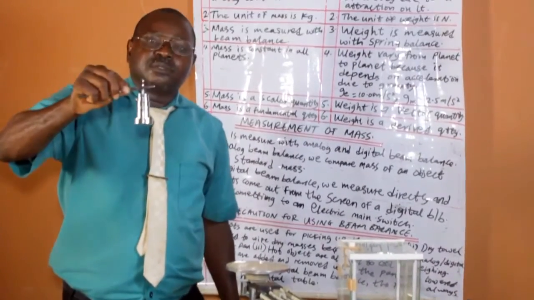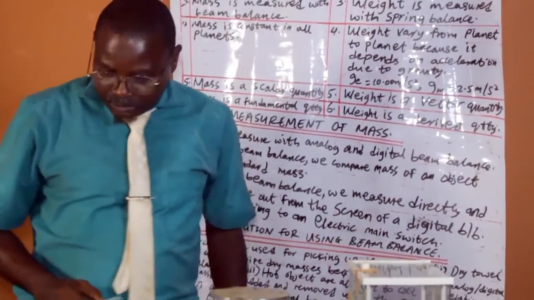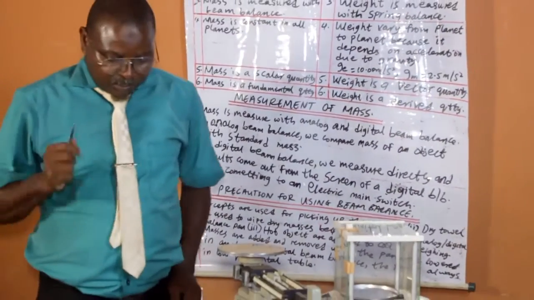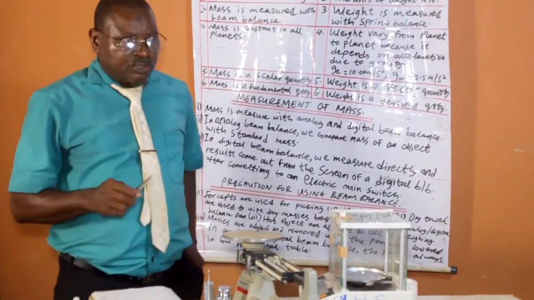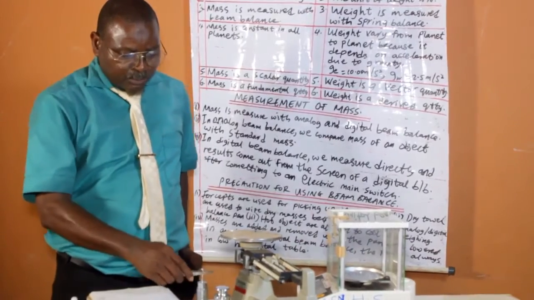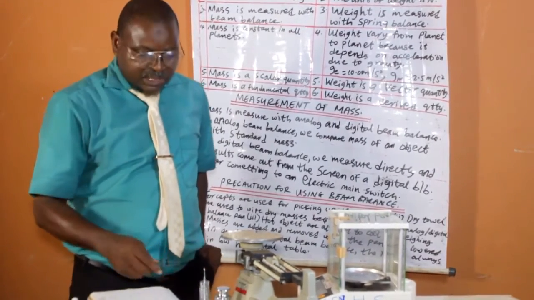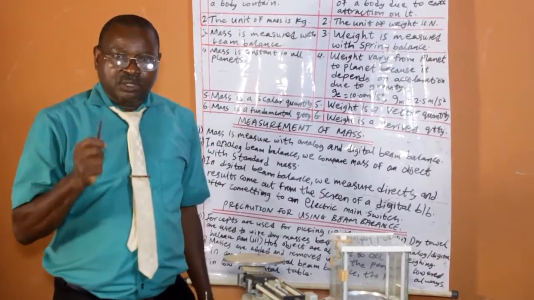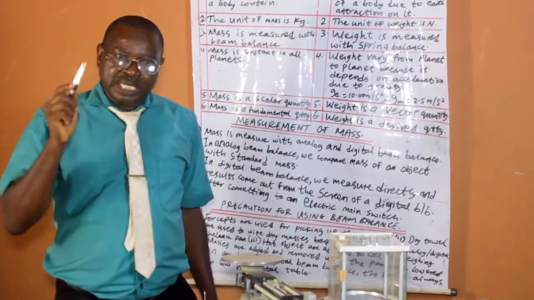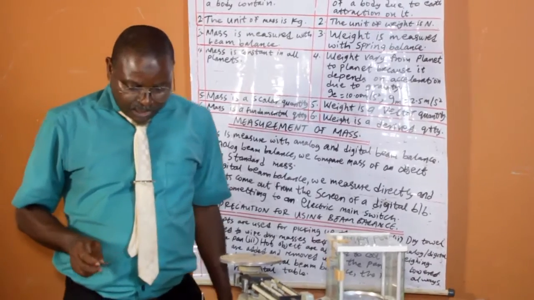You can see I'm using forceps to pick mass. Second precaution, you use a dry towel to dry the mass to make sure that it is dry before you measure it. Not only that, a hot object must be allowed to cool down before you measure it.